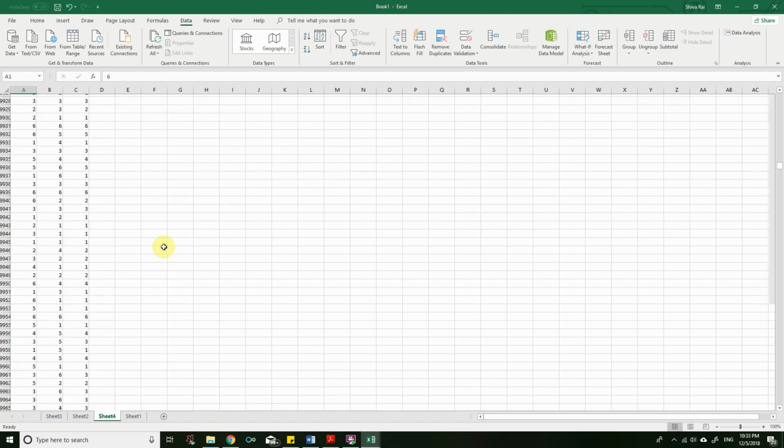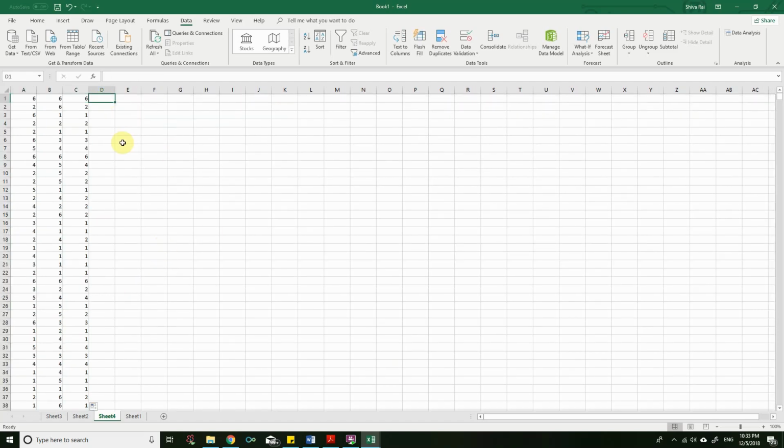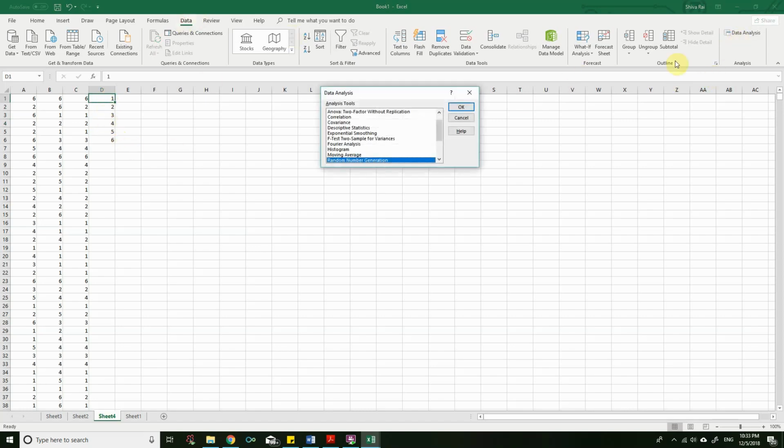So now let us compute the bins. Bins is from 1 2 3 4 5 6, since there are 6 outputs, and the list would be 1 2 3 4 5 6. So go to data analysis, histogram.